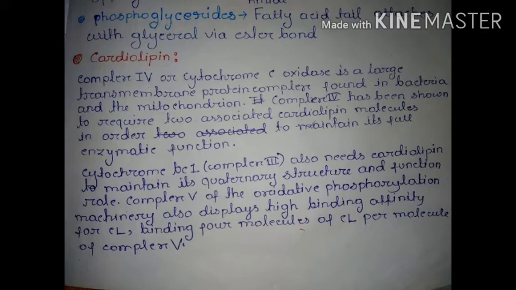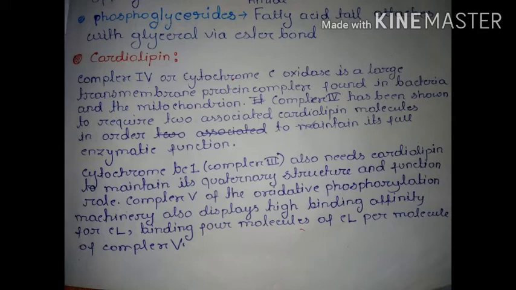In the absence of two molecules of cardiolipin, complex 4 does not function normally. So cardiolipin is an important component for the function of complex 4, cytochrome C oxidase.